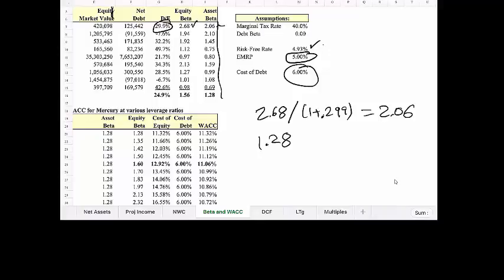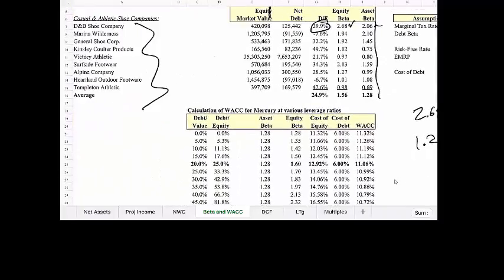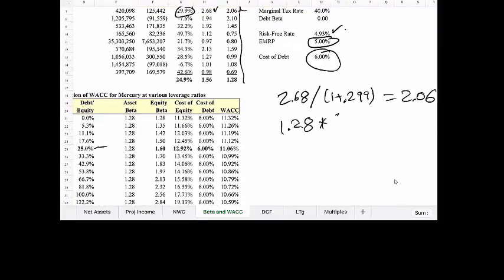And to unlever it we divide, and to lever it back up, we multiply. So our debt to equity, based on a 20% debt to value, is 25%. So the formula is 1 plus 0.25. And if we do that math, we'll see that our beta is going to be 1.6.